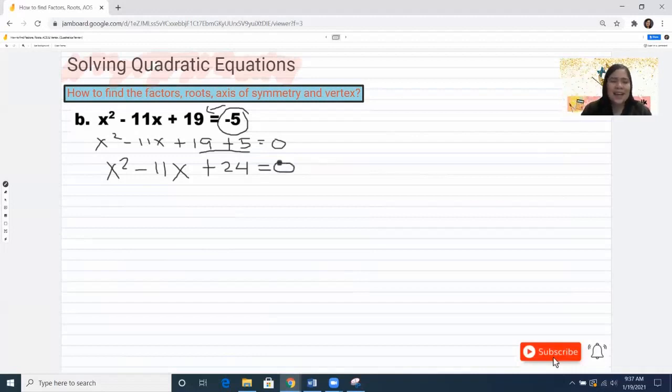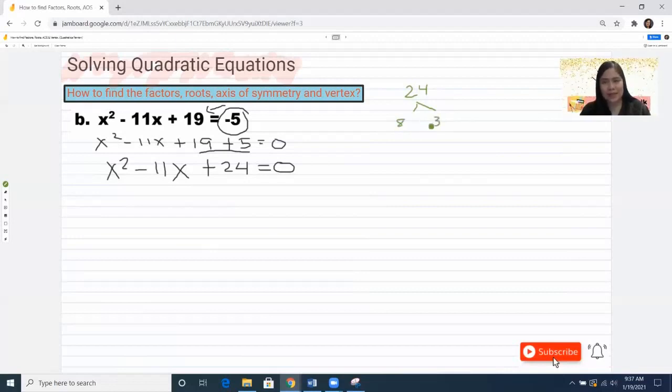Okay. Then first, we're going to look for the factors. What are the factors of 24 that, when we add them, we can get -11? Give me factors of 24, because we are applying the factoring method. We have 8 times 3 is 24, but 8 plus 3 is not -11.